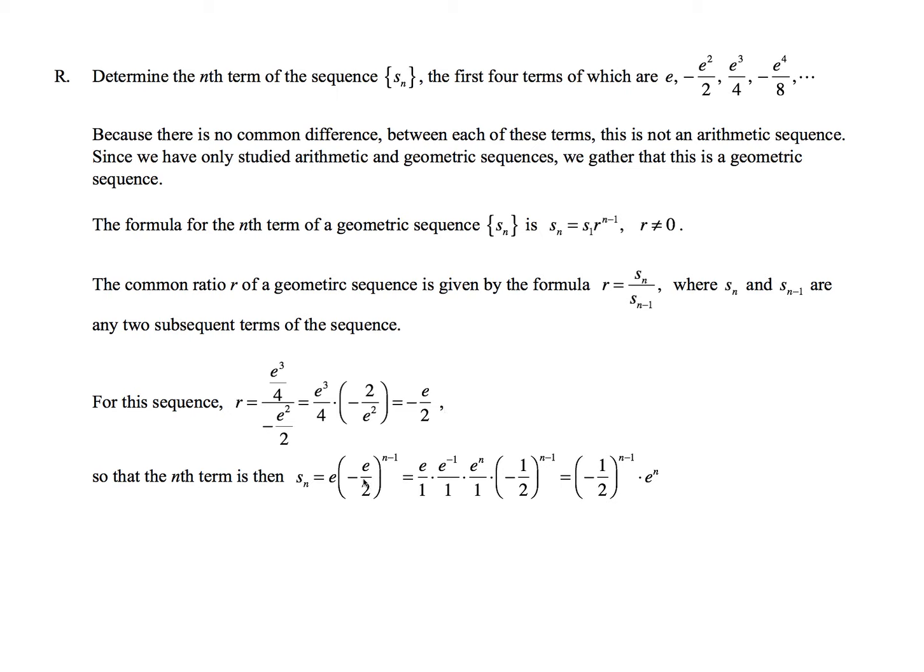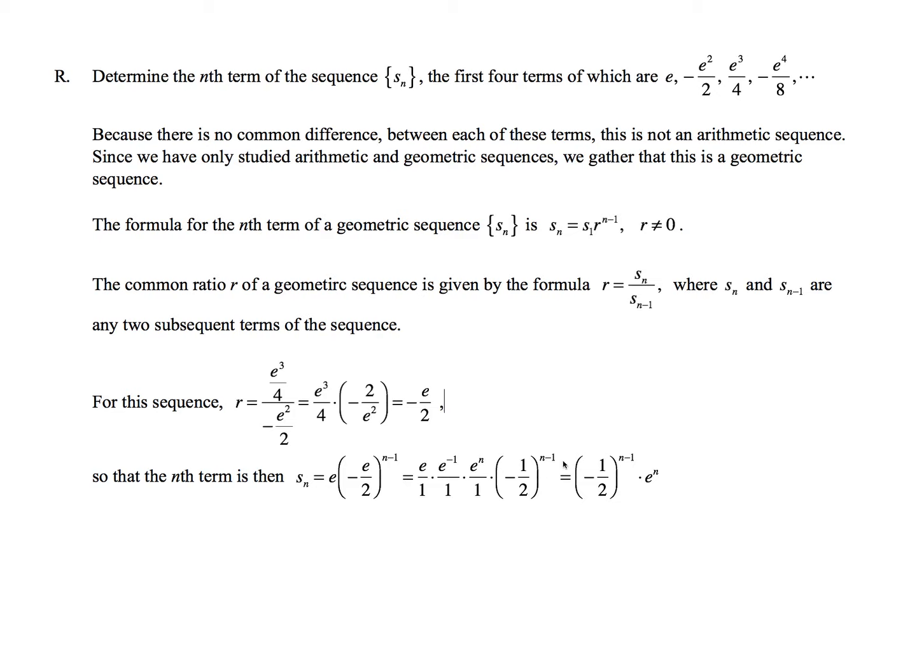So I've factored the negative 1/2 out, and it's raised to the n minus 1. Now e to the negative 1 is 1 over e, so e times 1 over e cancels multiplicatively. So I'm left with e to the n times negative 1/2 raised to the n minus 1.